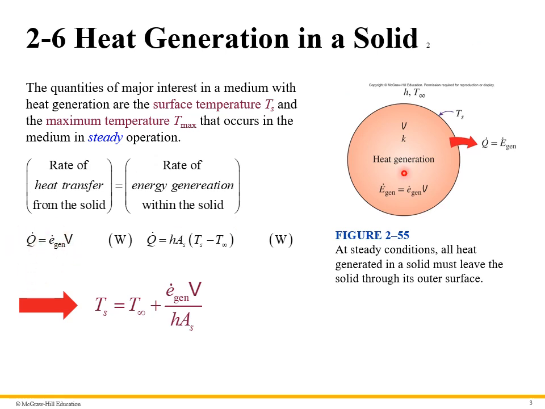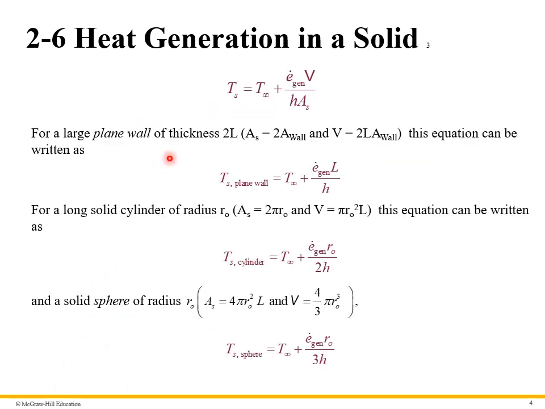This is what's generated inside the solid. If you set these equal, they have to be equal in steady state operation. You can solve this for T sub S, and you come up with the equation here. So this is your basic equation, but you can apply this in different situations.